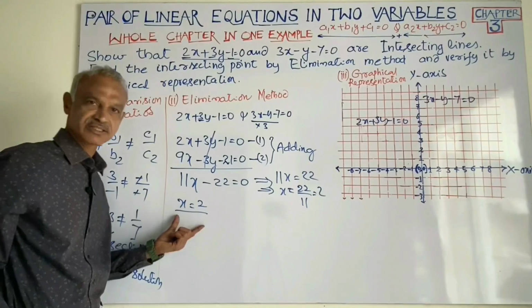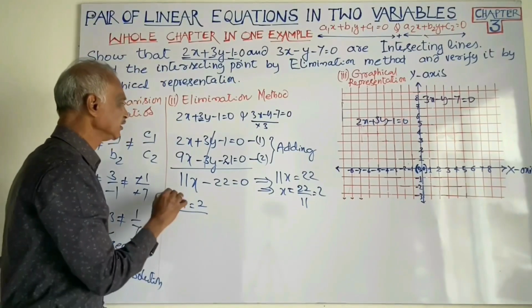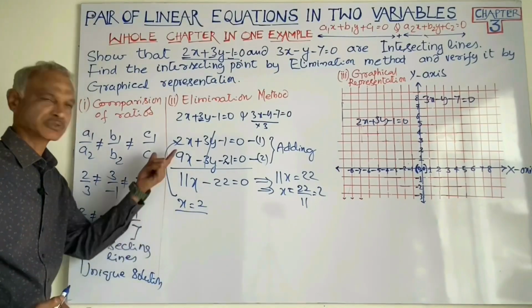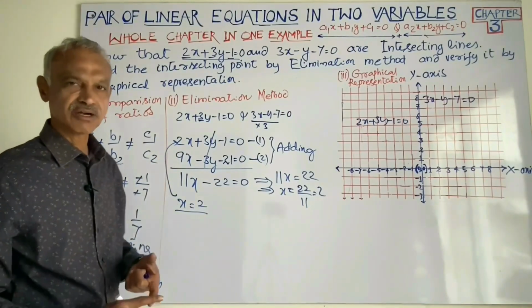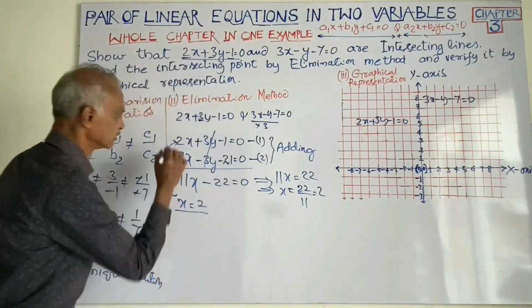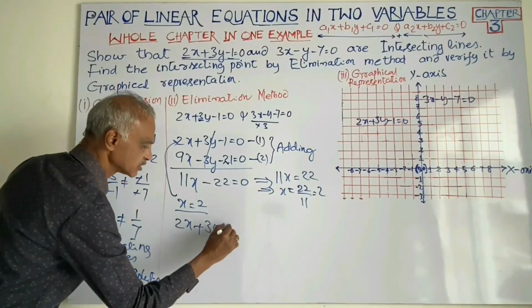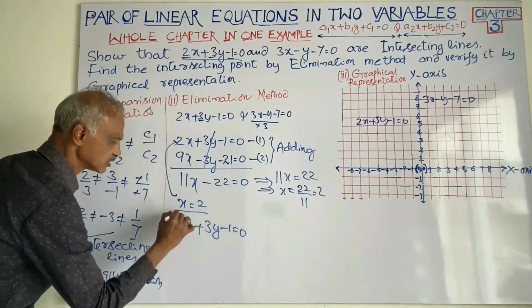Substitute the value of x is equal to 2 in this equation. One of these two equations you can substitute, you will get the value of y. Say 2x plus 3y minus 1 is equal to 0. What is the value of x?